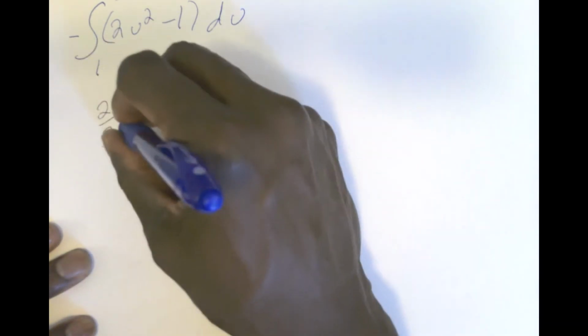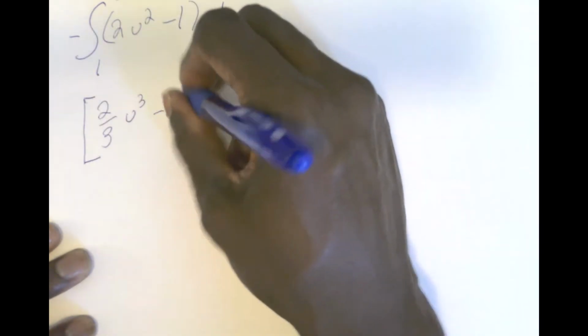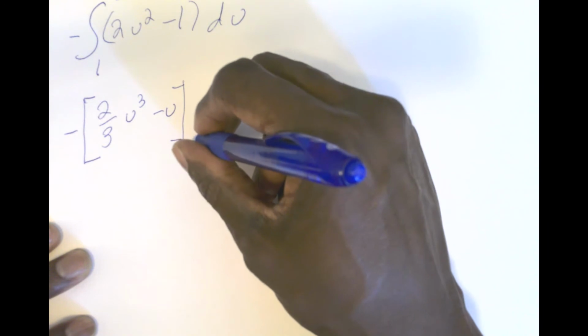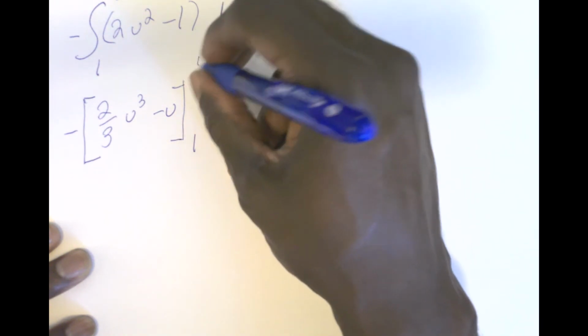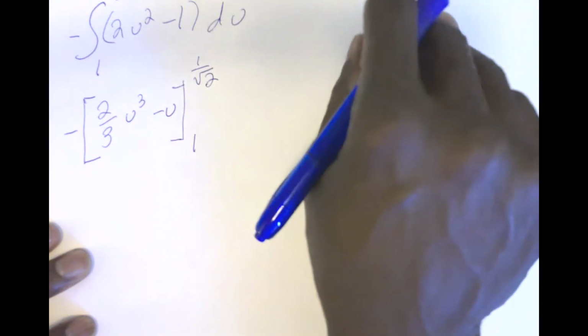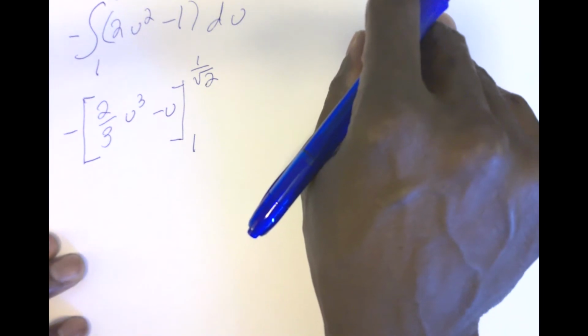All right, let's go ahead and see what happens here. So we'll integrate this, and we'll get 2/3 u cubed minus u, from 1 to 1 over the square root of 2. Okay, let's plug the numbers in.